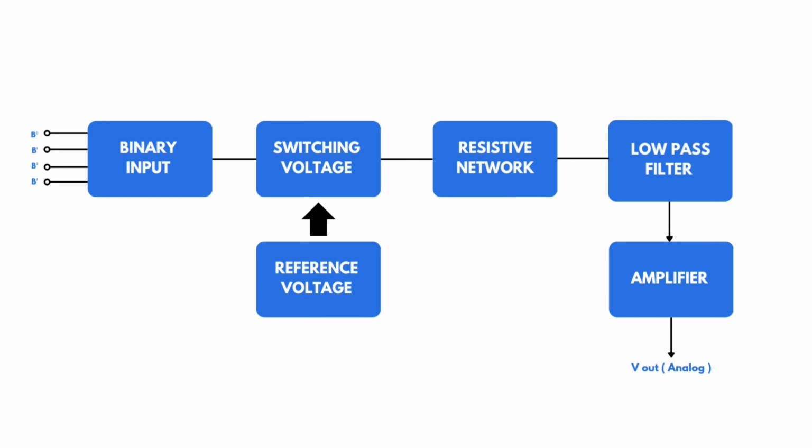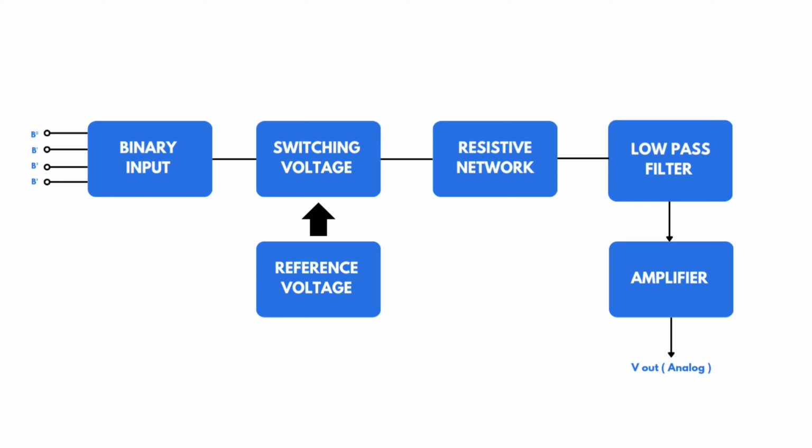As the current flows through the network through the resistors, with resistance values assigned depending on the weights of the binary inputs, there is some voltage drop. The resistive network is the most important part in a DAC. This is the part that is actually converting the digital inputs into an analog output value.